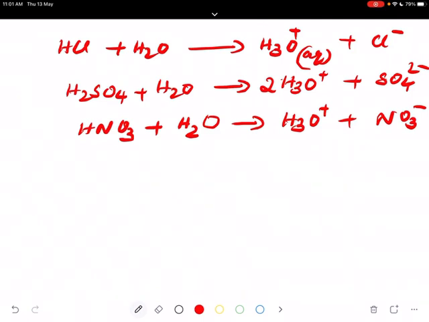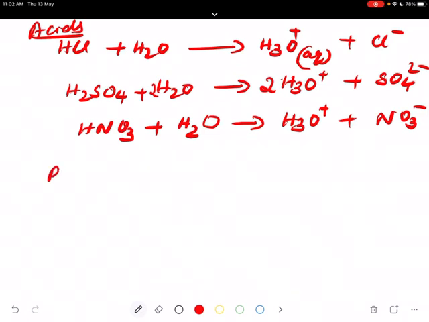Now what about the bases? So these are acids. Acids in water produce hydronium ion.